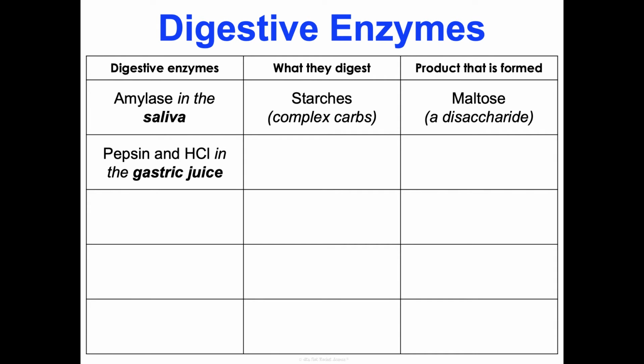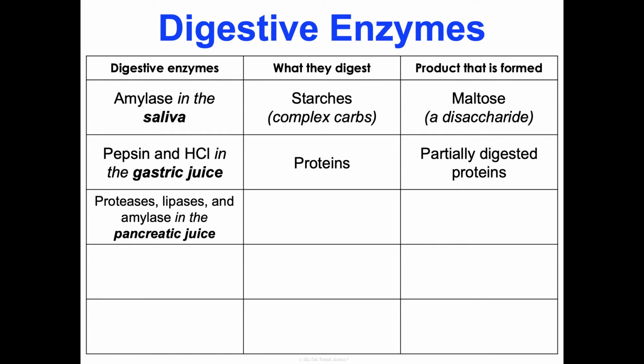Other digestive enzymes are pepsin and HCl, hydrochloric acid, which are in the gastric juices that the stomach secretes. They help to digest proteins, and what they form is partially digested proteins. So they're starting the process of breaking down proteins. Proteases, lipases, and amylase, like we mentioned up here, are also in the pancreatic juice that your pancreas secretes.